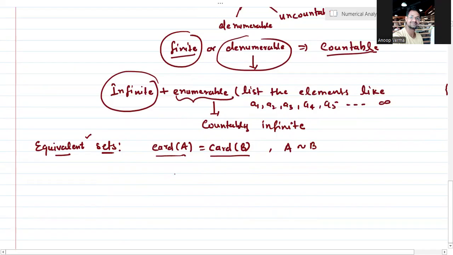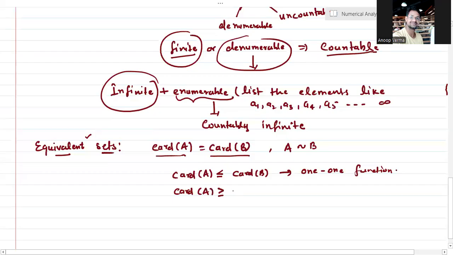We know that if a set A has cardinal number less than or equal to the cardinal number of B, we are able to define a one-one function. And if the cardinality of A is greater than or equal to the cardinality of B, we are able to define an onto function.